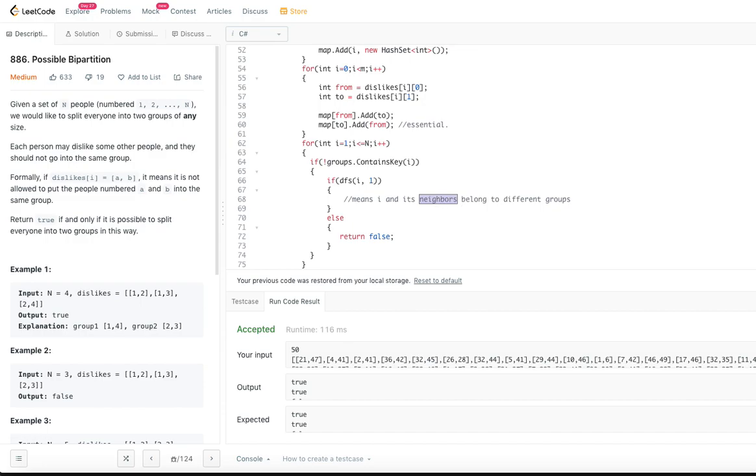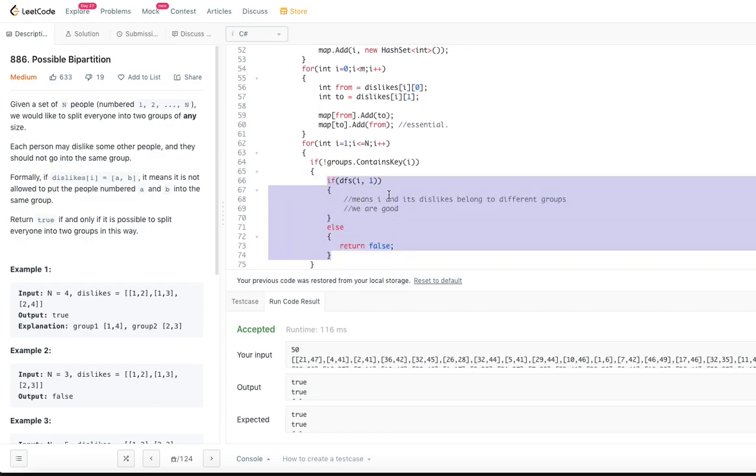So dislikes belong to different groups. If so, we are good, we don't have to do anything, but otherwise we return false. Another way to write is just put a not symbol here, if so return false, but this gives better readability, that's why I am giving you the code like that, okay?